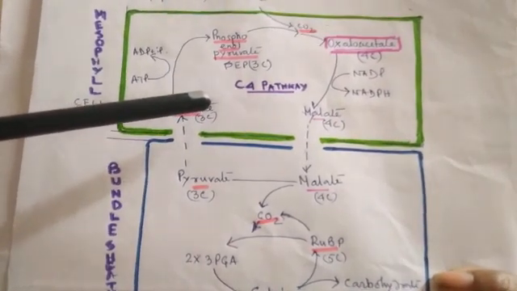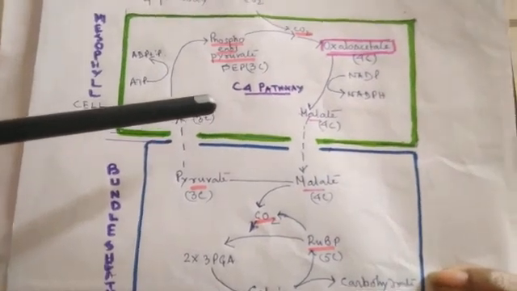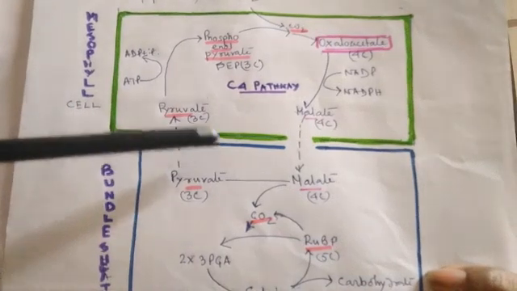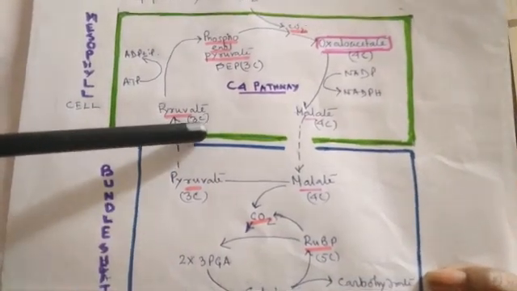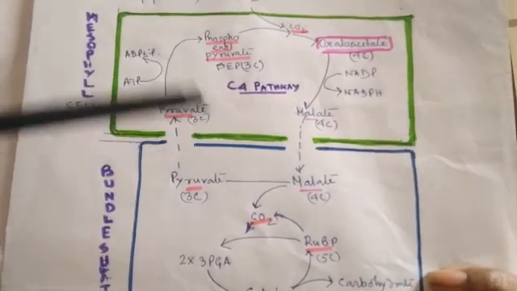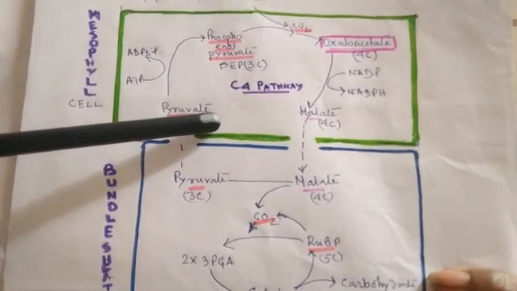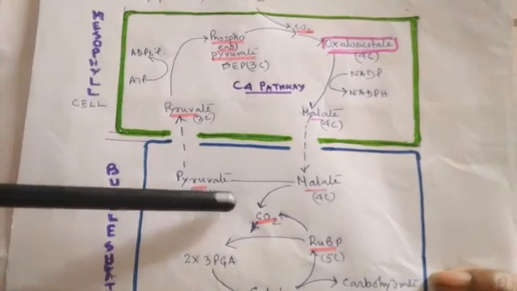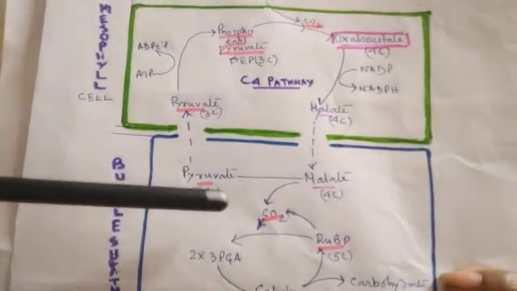The C3 cycle, or Calvin cycle, requires only 18 ATP. So the energy cost is much higher in the C4 pathway, which most plants cannot afford. So that is why the C4 pathway is not very common in all plants. Clear? Since the C3 pathway is more cost effective, most of the plants follow the C3 pathway instead of C4.